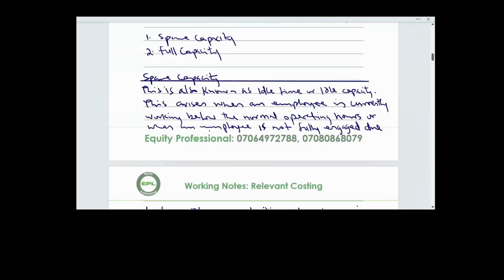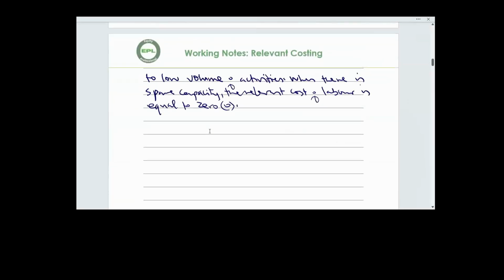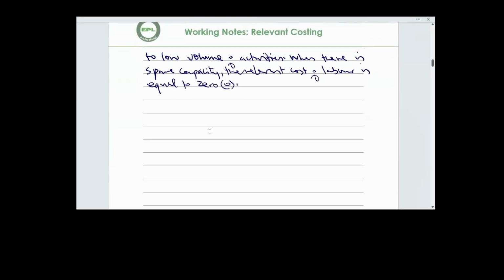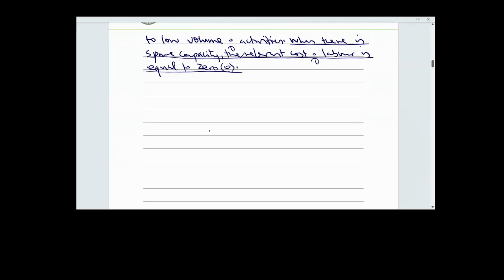The last one is full capacity. Okay, let me underline this for you. That's the key word there. Then the last one is full capacity. This is just the opposite of spare capacity.